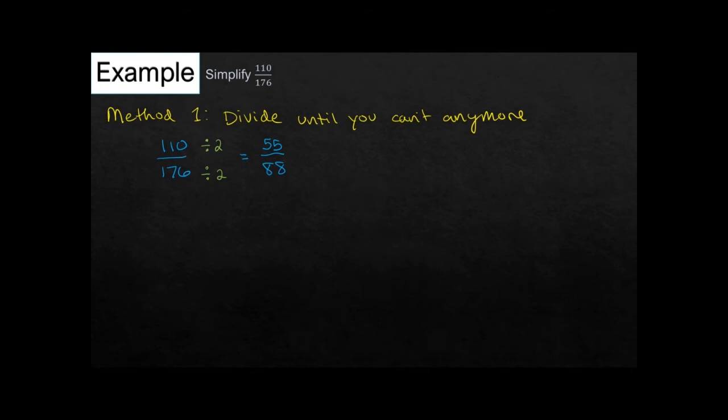So this is where you might need to guess and check, just keep trying numbers to see if there's anything in common, which when they're big numbers like this, there usually is. If you just keep trying on your calculator, divide by 3, divide by 4, divide by 5, you'll find you can divide them both by 11.